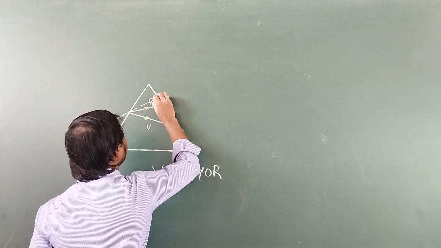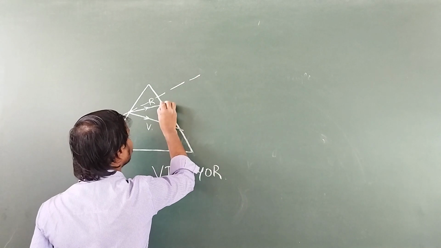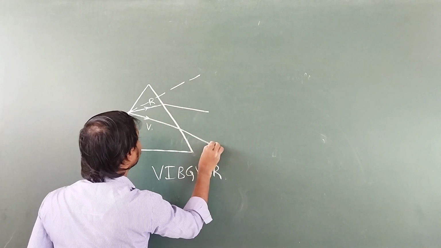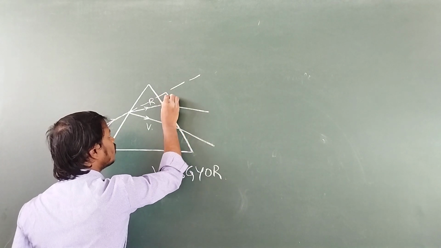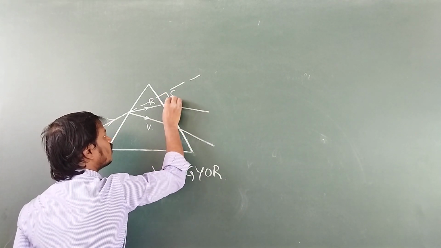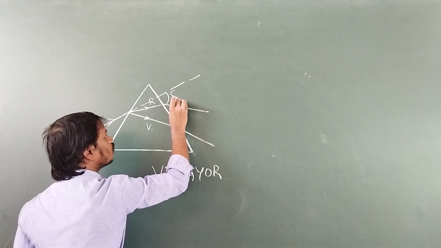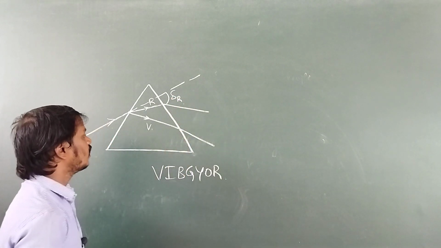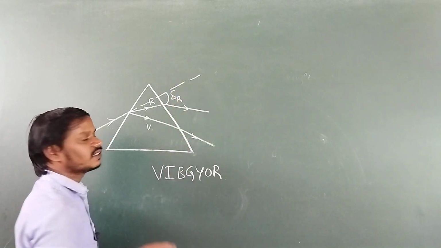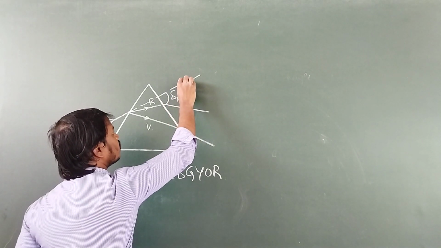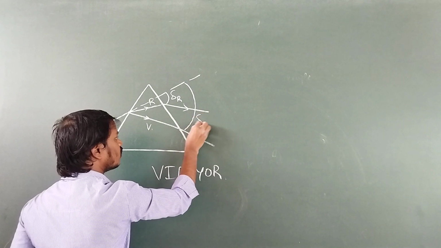Then this is the extended incident ray. The angle between the red and the extended incident ray is called the angle of deviation for red color, and the angle between the violet color and the extended incident ray is called the angle of deviation for violet color.